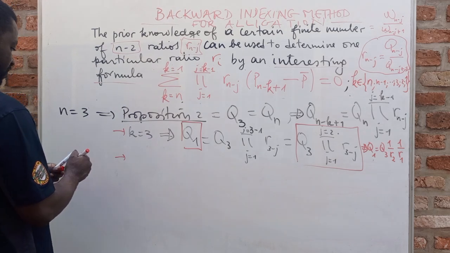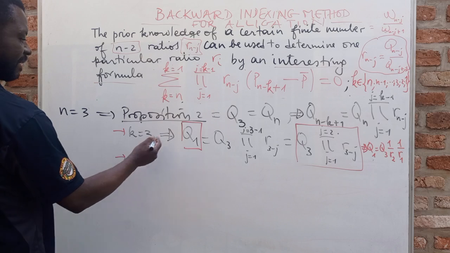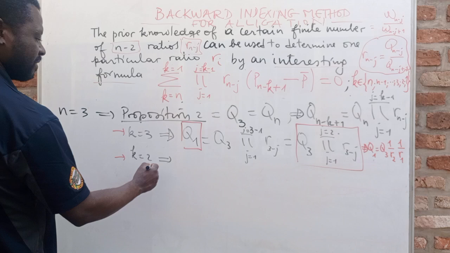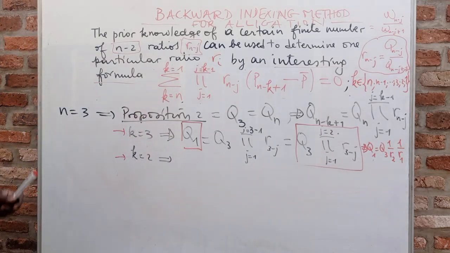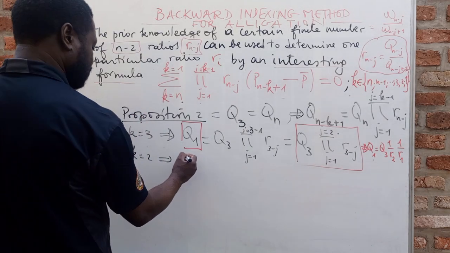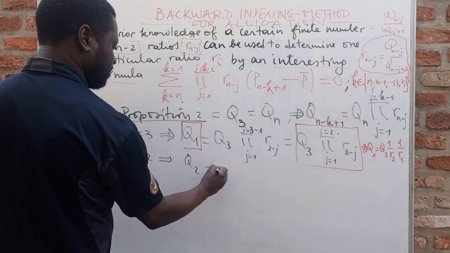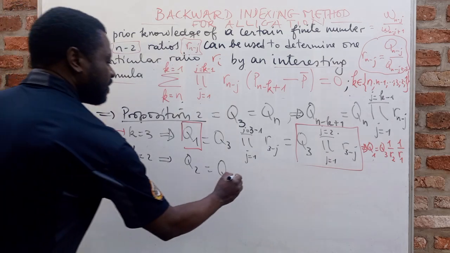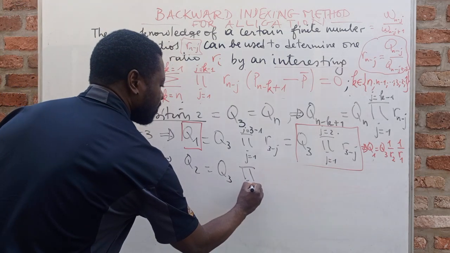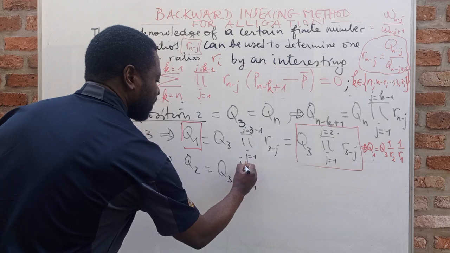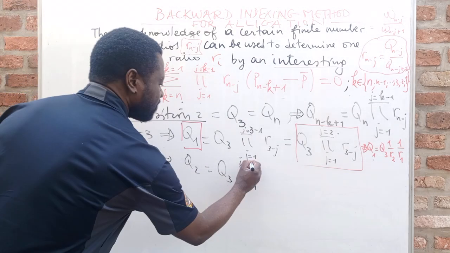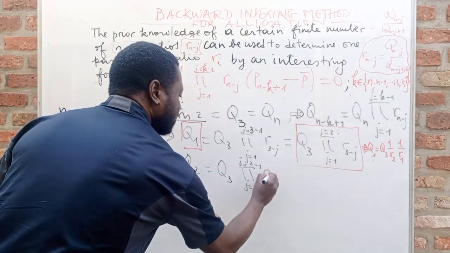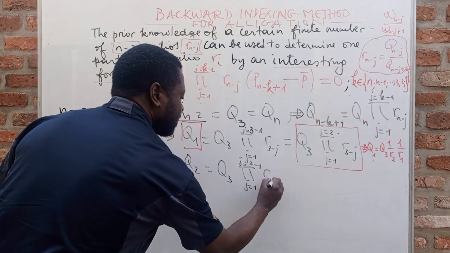Now k equal to 2, for example. Yes, we are going backward from 3 to 2, then 1. So we have q2 here. q2 will be expressed in terms of q3 by which product? We take the product from j equal to 1 until j equal to k minus 1, and k here is 2. Then r sub n is 3 minus j.